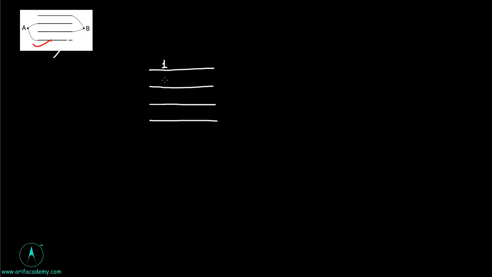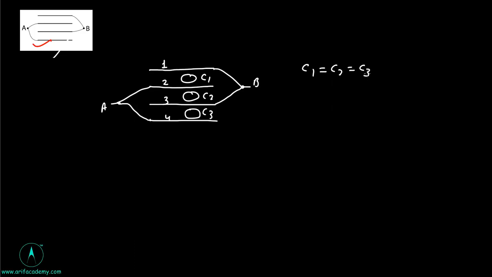So this is plate 1, plate 2, 3, 4, and 2 and 4 are connected to point A, and 1 and 3 make point B. So there are 3 capacitors like this: C1, C2, C3, and C1, C2, C3 all equal epsilon naught A by D. We can also write it as C.